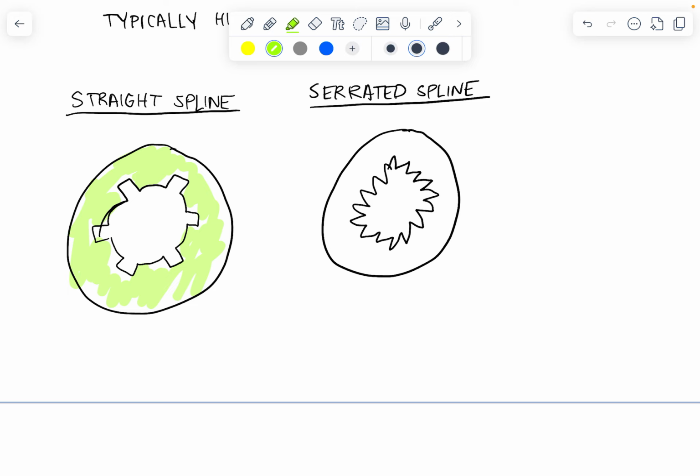And this is mainly used for smaller diameter drives, and the reason for that is because we can fit a lot of teeth on a small circumference when we have this serrated shape.